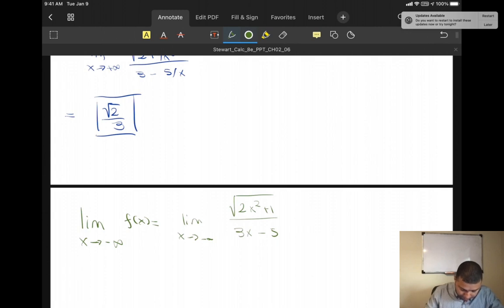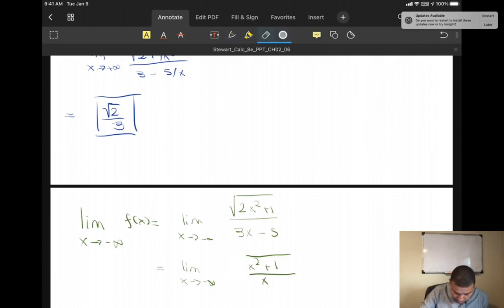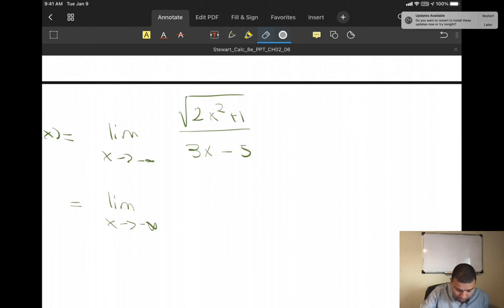So I divide by x again. However, I don't have any issues yet, but when I try and do what I did before, which is to bring x into the square root, I have to be careful. You can start thinking about what's going to happen while I write.